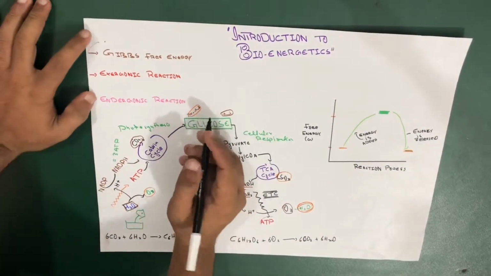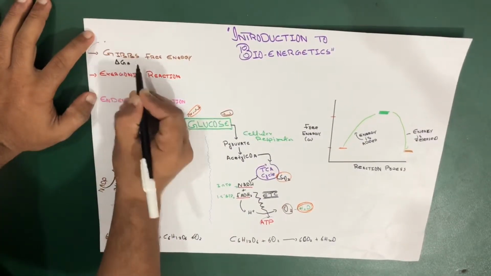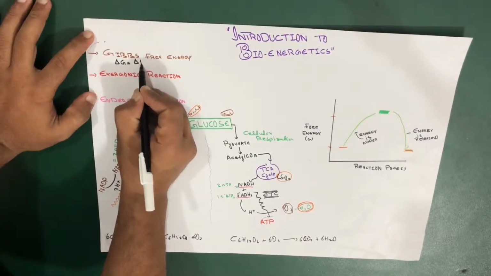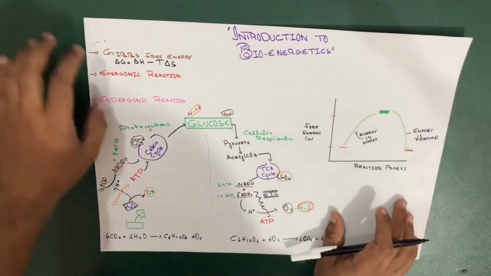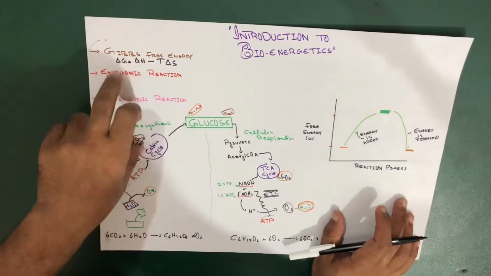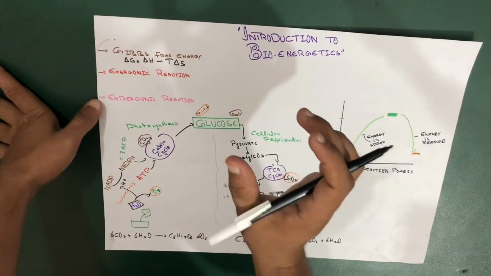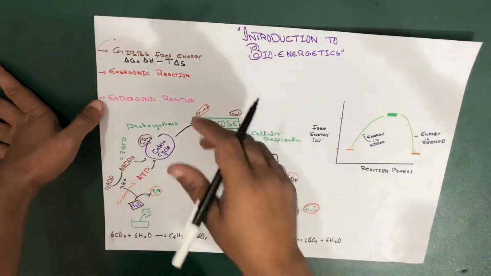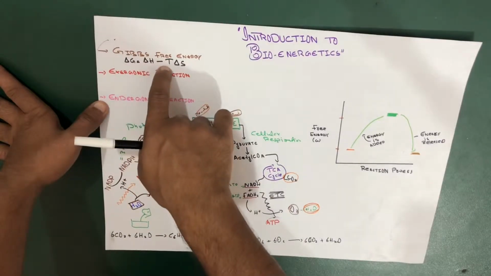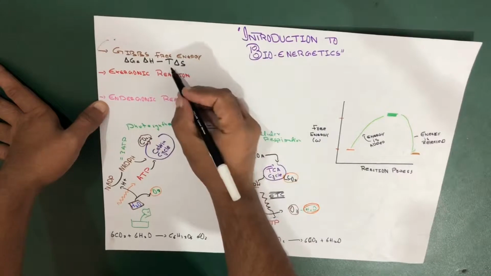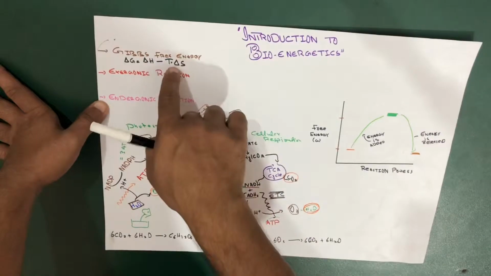You can define Gibbs free energy by the formula delta G is equal to delta H minus T delta S. It's a thermodynamic quantity equal to the enthalpy of a system minus the product of the entropy and the absolute temperature.